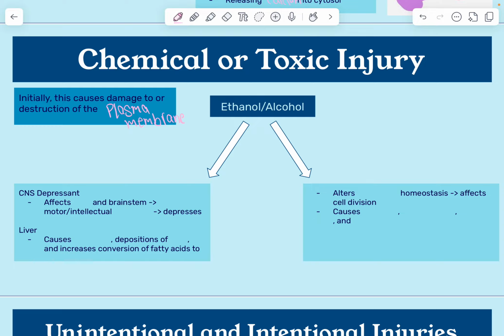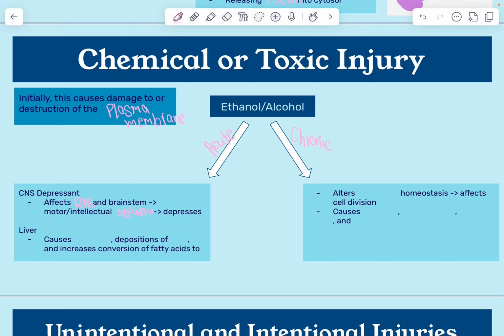So depending on how much alcohol or ethanol is consumed, there's going to be acute effects as well as chronic effects. So the acute effects, alcohol is a CNS depressant, so it's going to affect our reticular activating system as well as our brainstem, and this is going to cause motor and intellectual dysfunction.